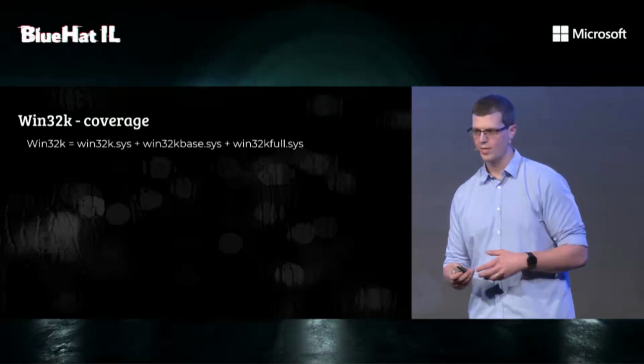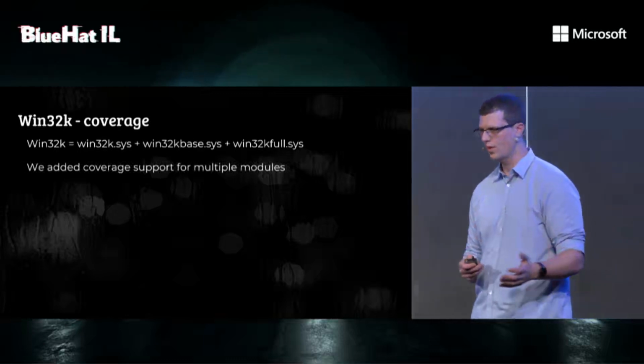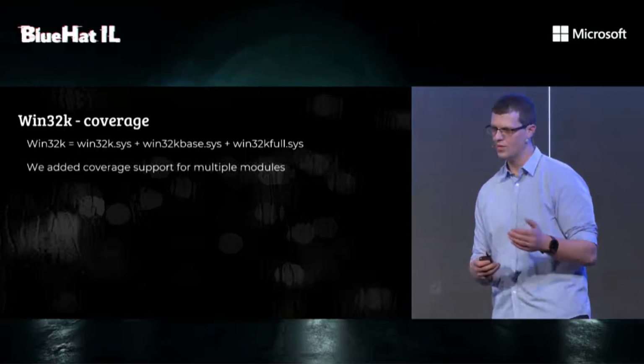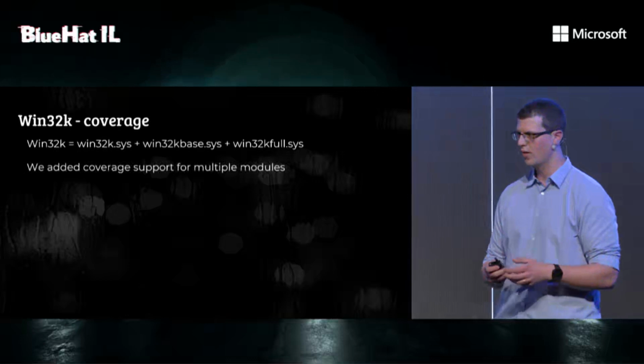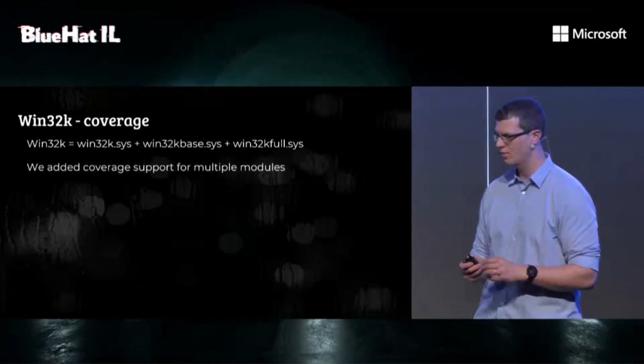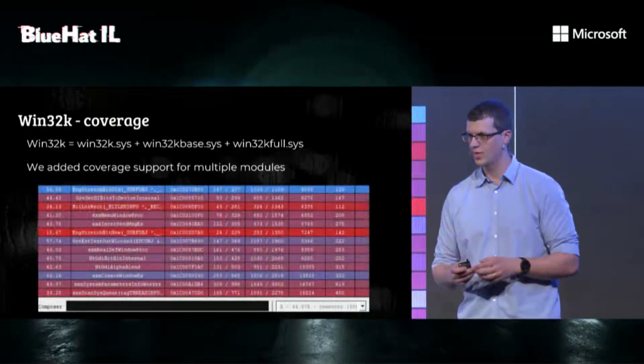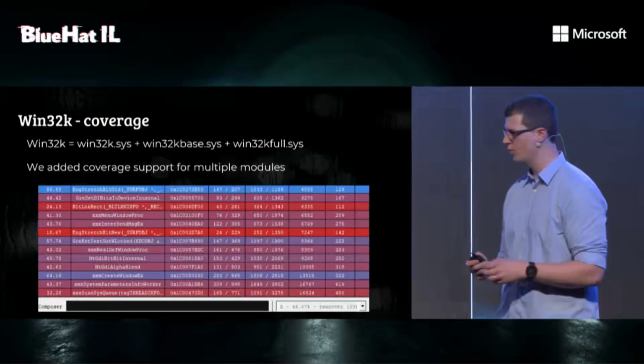Our coverage implementation only supported one module. So what we did is we opted for another coverage decoder from WinAFL, which is much faster and helped us. And we can see now coverage traces from Win32k, which is pretty cool.